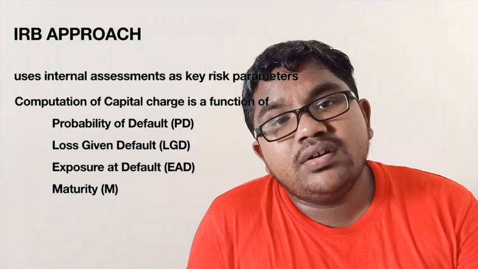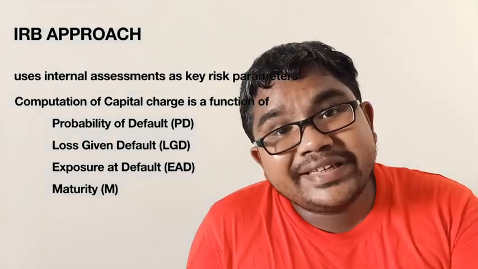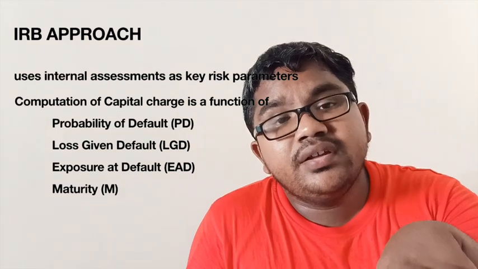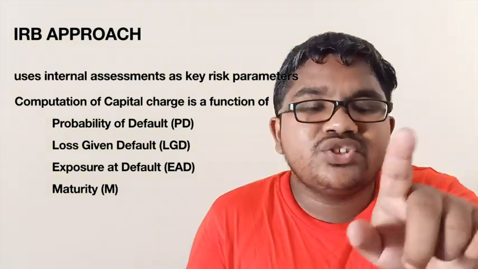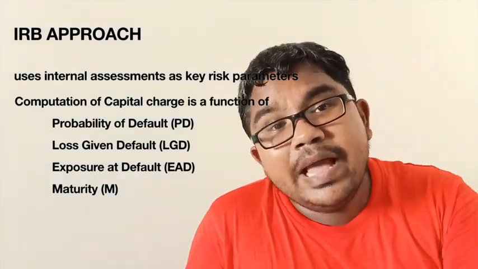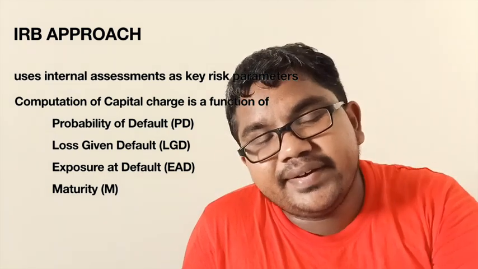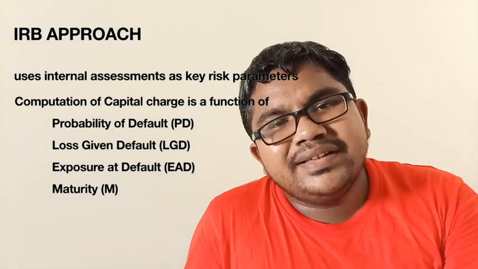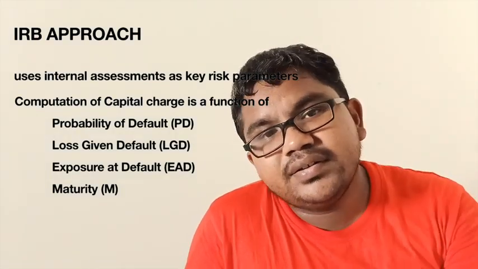We are using 4 parameters to calculate the capital charge for credit risk based on the internal rating based approach. One is PD, probability of default. The second one is LGD, loss given default.